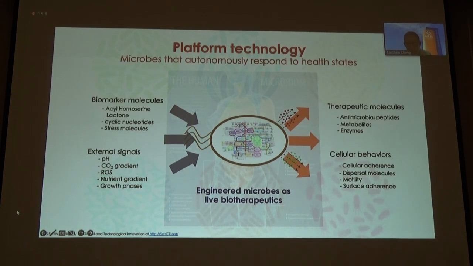If you zoom in on biomarkers and therapeutic molecules that can take advantage of live microbes, you can easily come to the conclusion that there are a range of molecules, including host metabolites and even external signals, that microbes can naturally detect.